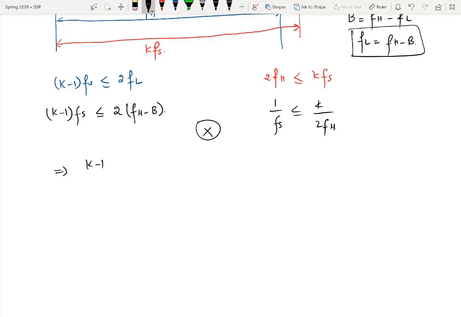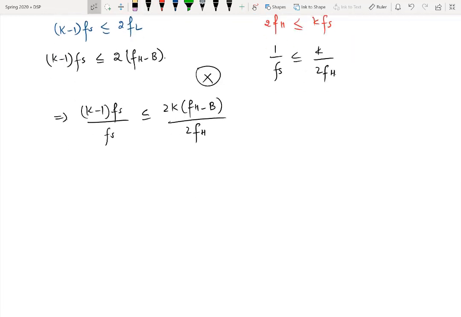Now if you multiply these two inequalities, the resultant will be k minus 1, because the direction of the inequality is the same, so we can directly multiply the right side with the right side, and the left side becomes 2 times fh minus b divided by 2 times fh. Now if you solve this inequality, fs is cancelled out, and on the right side it becomes 2k fh divided by 2fh minus 2k b divided by 2fh.